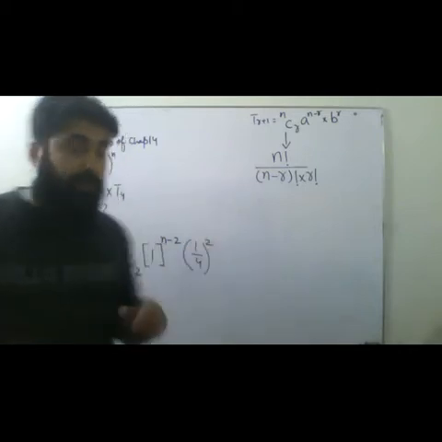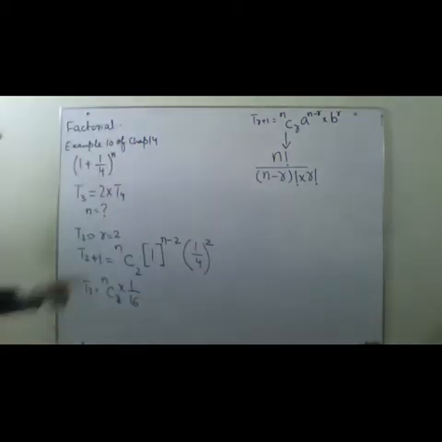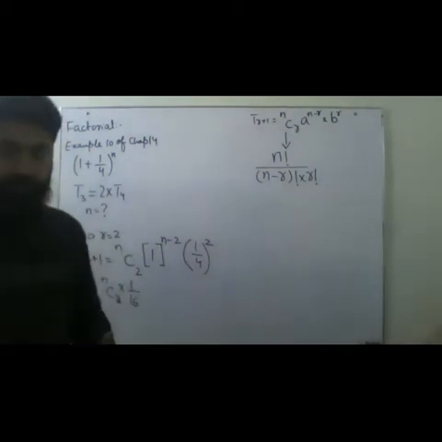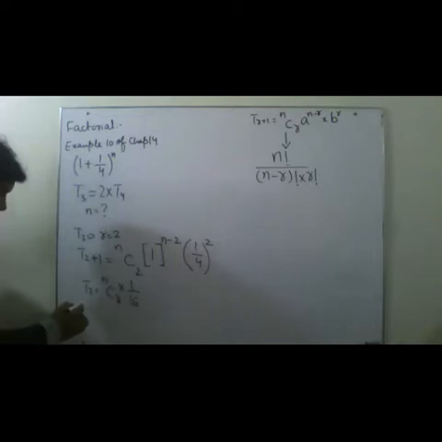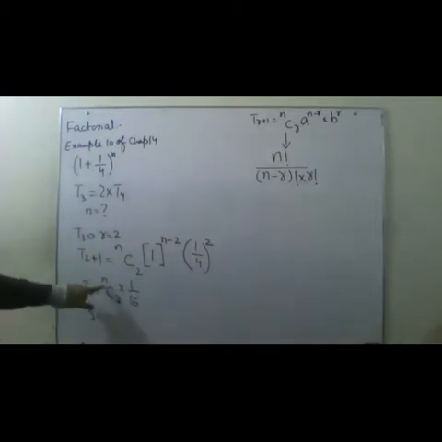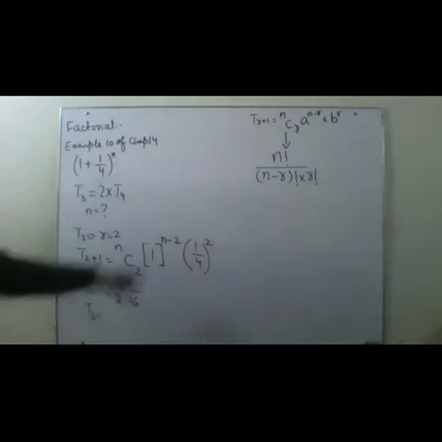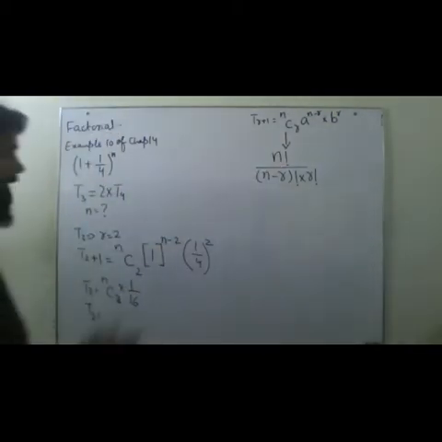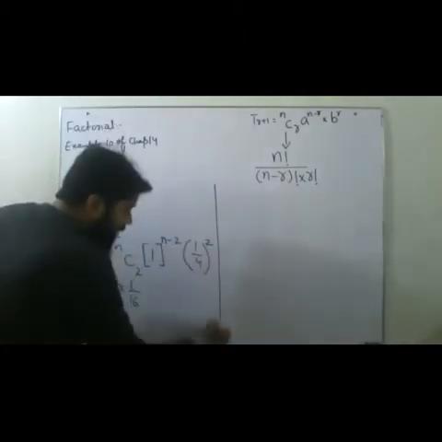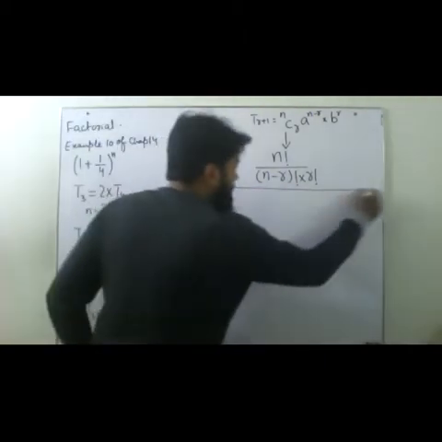But the problem is now that n is missing. I have to get the value of n. How will I do it? See, it's written T3, nC2. What is 2 representing? 2 is representing the value of r over here. I'm writing it over here, beta, so I could have more space.